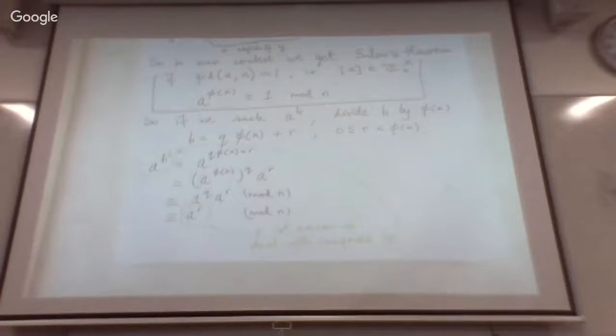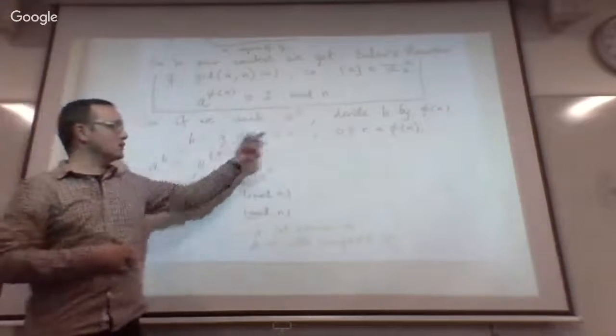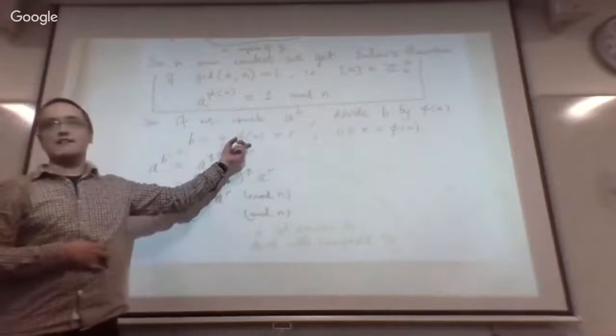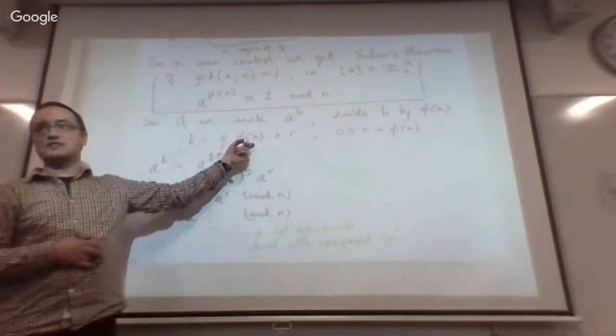Everybody feel that and appreciate why we're going after this phi? Of course, if I'm faced with a to the power b, in order to find the r, I have to know what phi of n is. I have to be able to do the integer division.